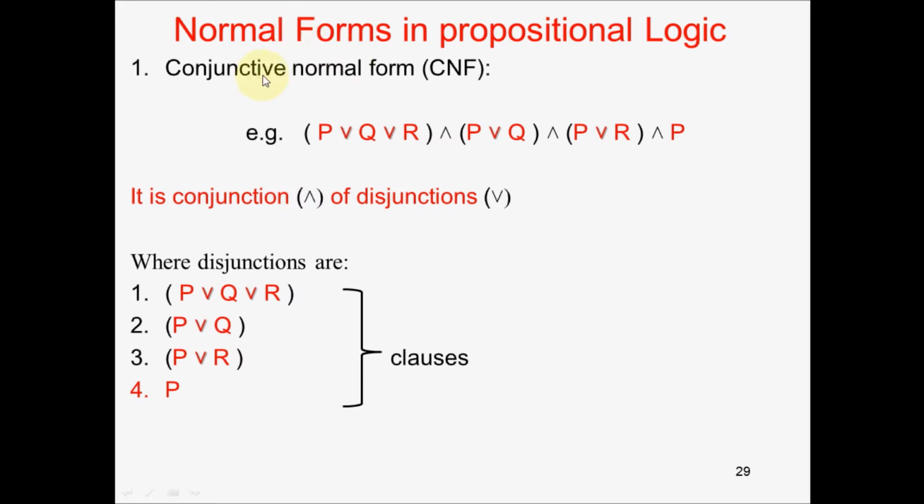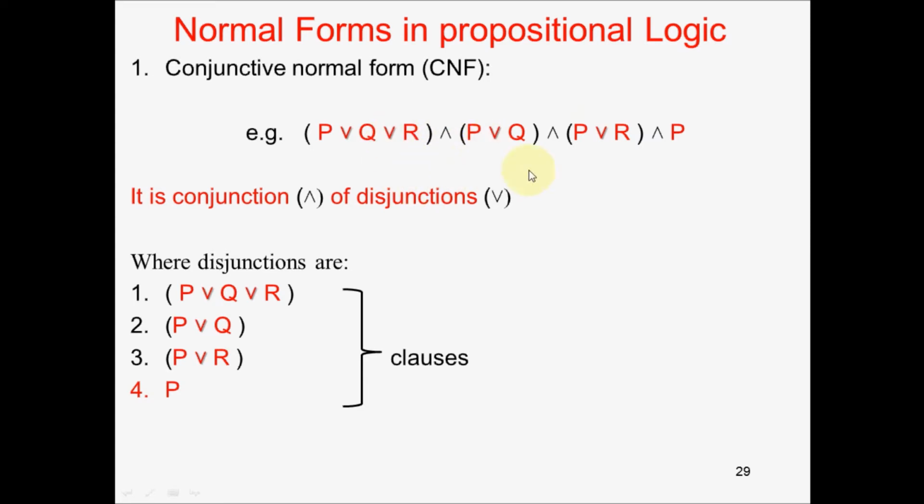So conjunctive normal form is nothing but a conjunction of disjunctions. When different disjunctions, 1, 2, 3, 4, are connected with a conjunction, that's called conjunctive normal form. These are conjunctions.